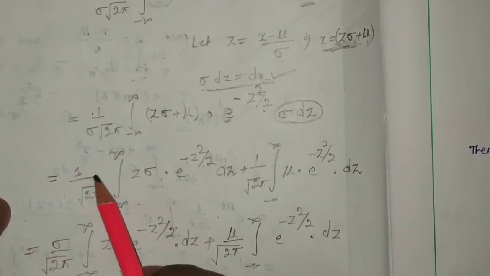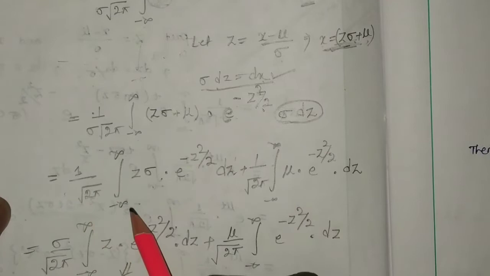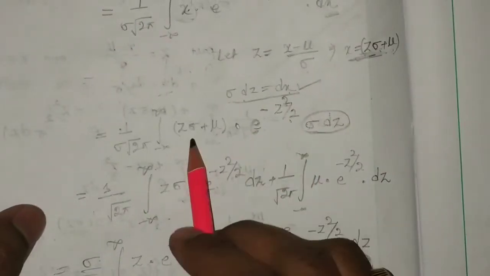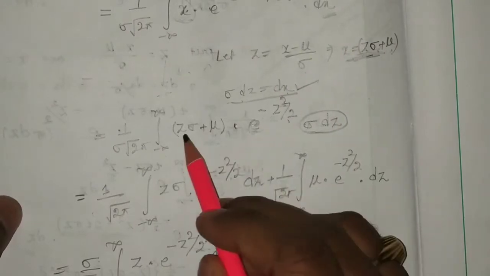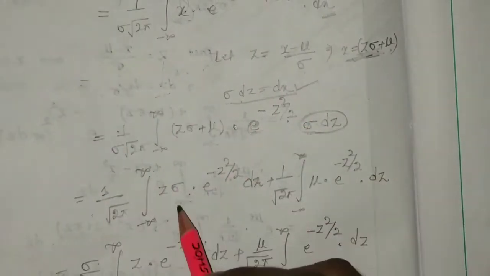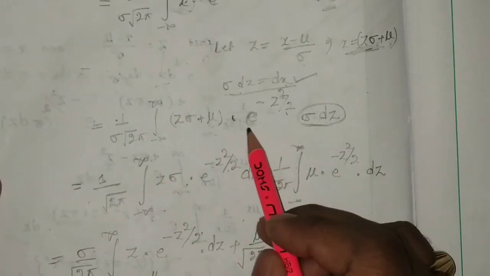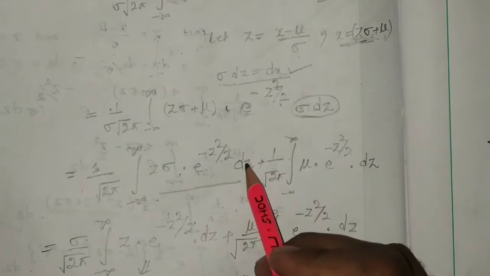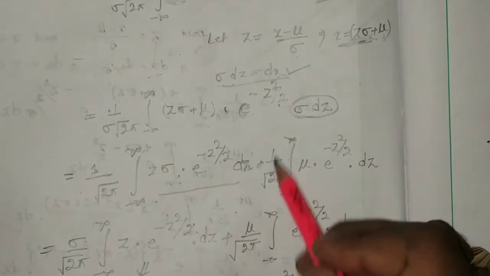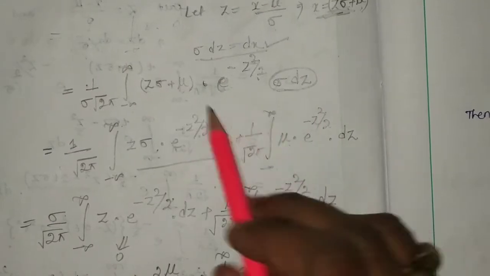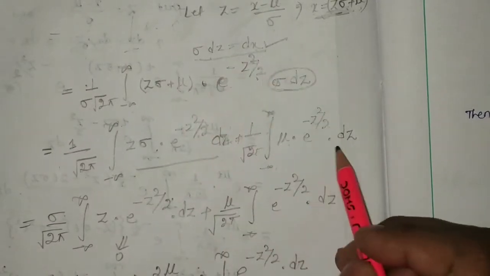We found that 1 by root 2 pi, minus infinity to plus infinity. Here you can see I segregated the two terms. See, z sigma plus mu into this one is there, so I separated two terms: z sigma into e to the power minus z square by 2, one term, into dz, plus 1 by root 2 pi, minus infinity to plus infinity, mu into this much dz, right?